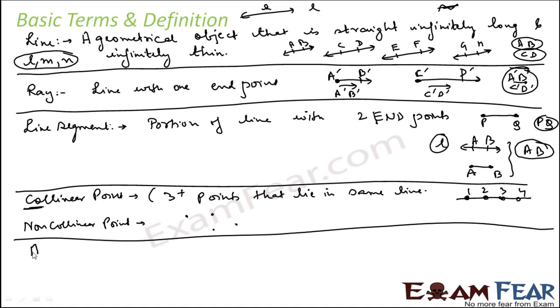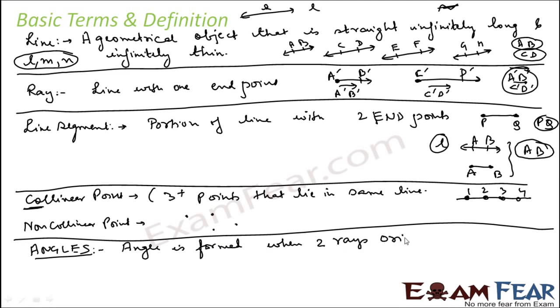Then we have angles. I'm just trying to give definitions of some basic terms. See, an angle is formed when two rays originate from the same point. Let me write here for you. An angle is formed when two rays originate from the same endpoint.